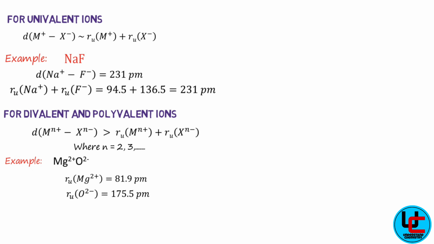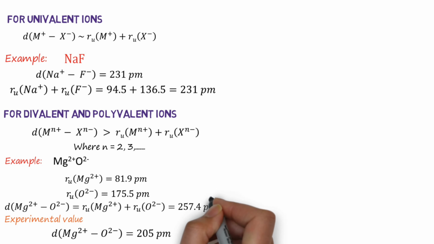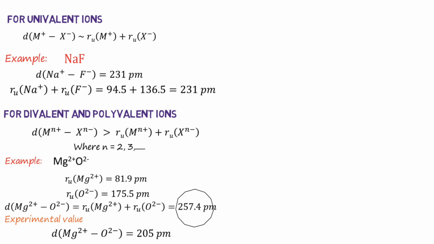Hence, the sum of univalent radii of magnesium and oxygen ions is equal to 257.4 picometer. The experimental value of internuclear distance between divalent cation magnesium and divalent anion oxygen in MgO is equal to 205 picometer, which is less than the sum of the radii of univalent magnesium ions and oxygen ions.